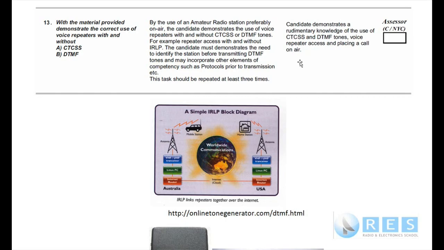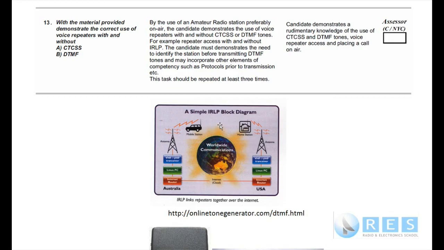They're used on amateur radio, for example, and I've got a diagram here of an IRLP contact where we have a repeater connected to the internet and another repeater connected to the internet. One's in Australia, one's in the USA, and 2 amateur radio stations, one in a house, one in a mobile, are communicating from Australia to the USA and back and forth on VHF.